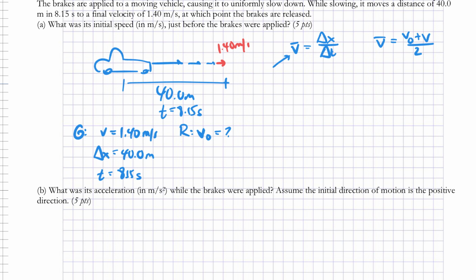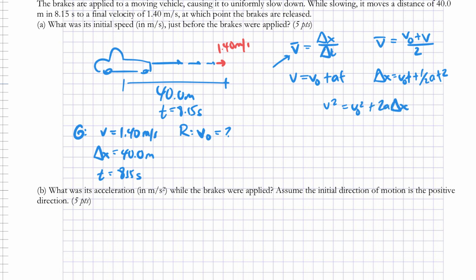We also have this equation, V equals V naught plus AT. We've also got delta X equals V naught T plus 1/2 A, sorry, the program closed on me for a second there. Let's see, V naught T plus 1/2 AT squared. And then of course we've got my favorite one, V squared equals V naught squared plus 2A delta X.